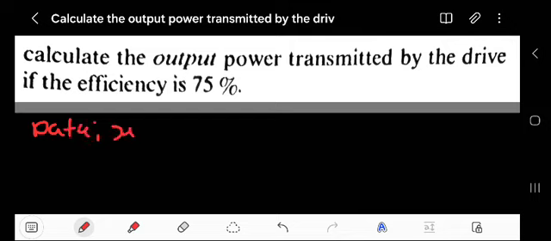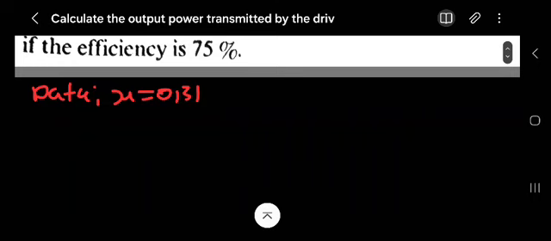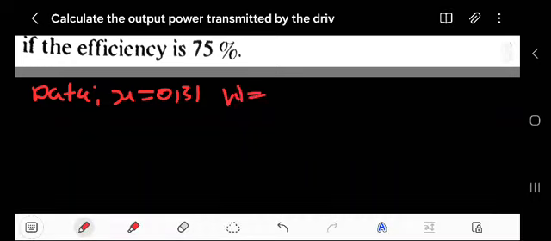What I remember: the coefficient of friction is 0.31. The width is 130 millimeter.